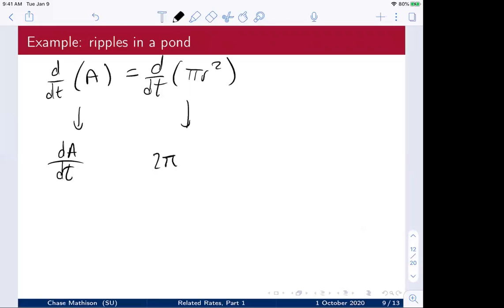It's 2 pi r dr/dt. Perfect. So remember, the r is actually the inside function because r is r of t. Okay. So that's why we get 2 pi r dr/dt. Okay.